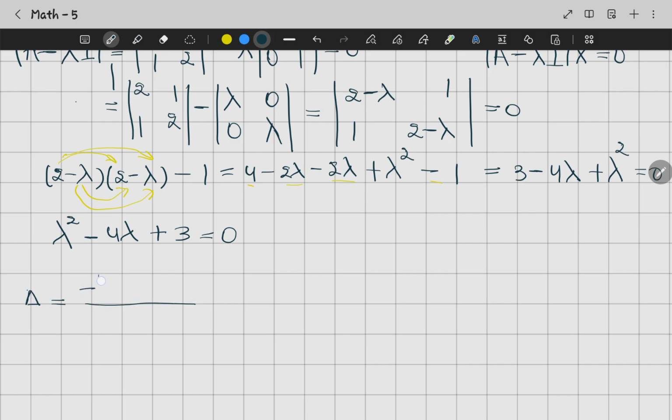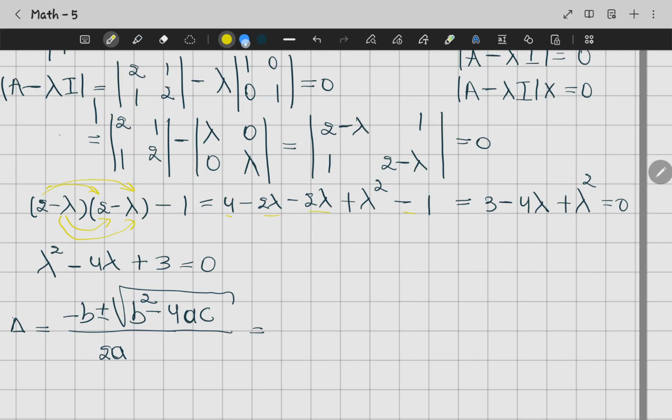It's minus b plus or minus the square root of b squared minus 4ac. And it's similar to this one, where we have a, plus b, plus c equal to 0.